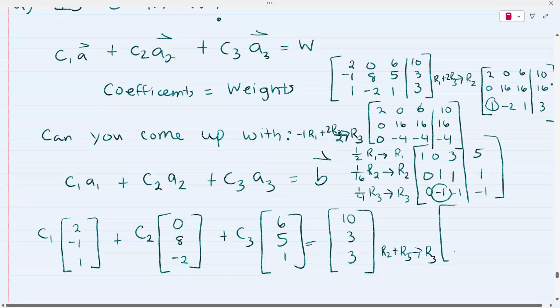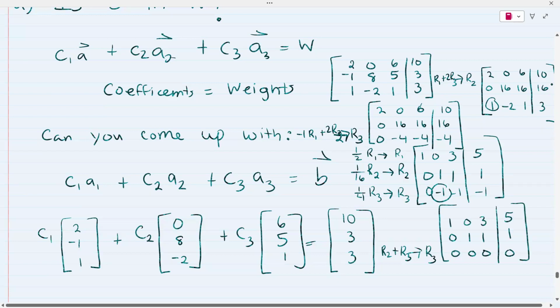So this would be 0. 1 plus -1 is 0. 1 plus -1 is 0. And then 1 plus -1 is 0. And then this would be 0, 1, 1, 1, 1, 0, 3, and 5.